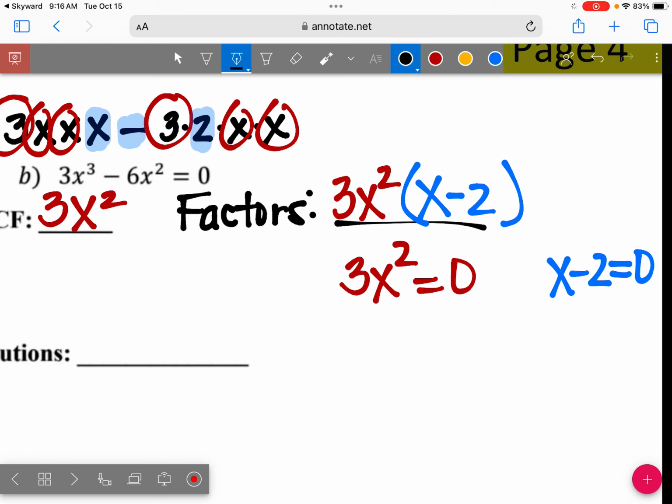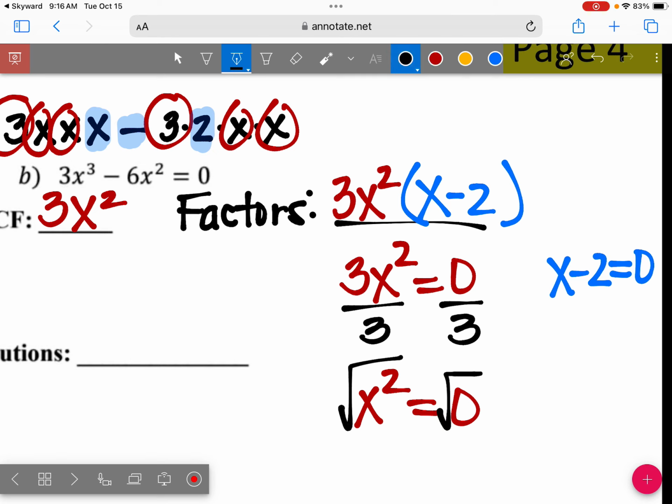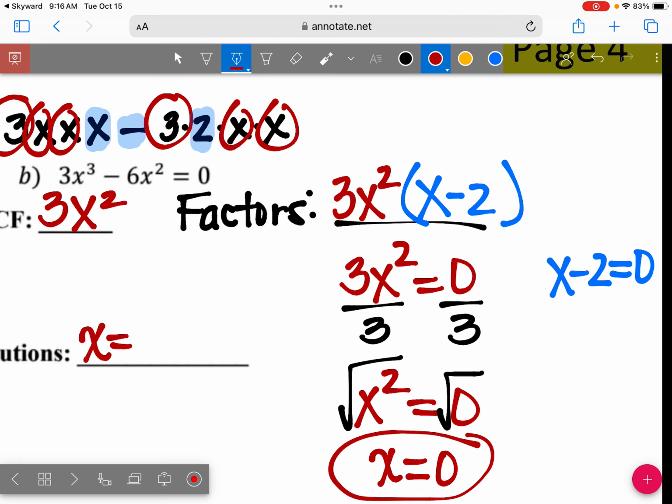So for the 3x squared, I'm going to divide by 3 first. 0 divided by 3 is 0. And the opposite of squaring a number is to take the square root. And the square root of 0 is 0. So that would be my first solution.